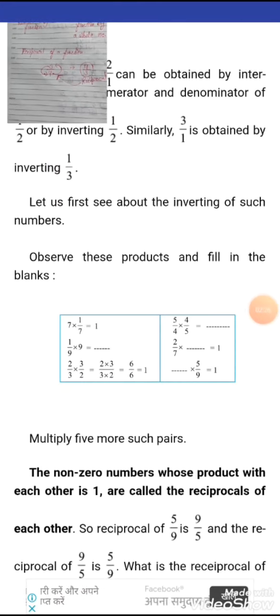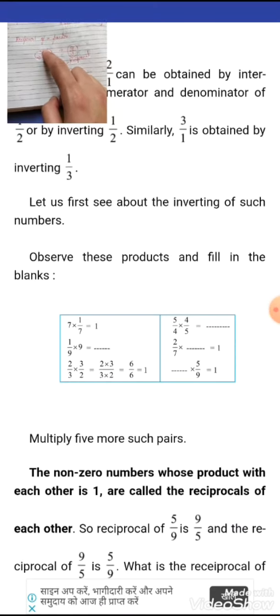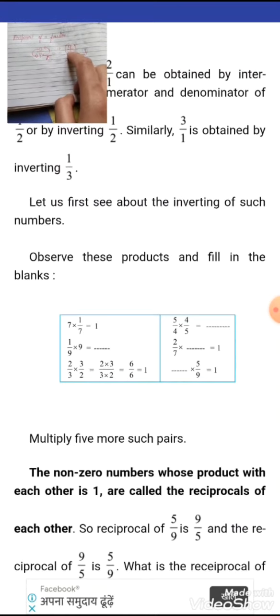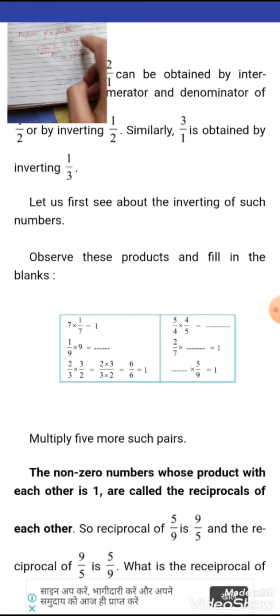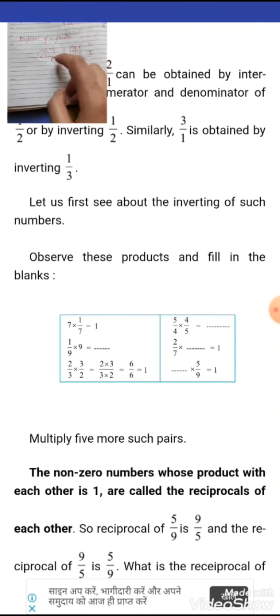In the first fraction, 3 is in the numerator, and in the second fraction 3 is in the denominator. Similarly, here 4 is in the denominator, and in the reciprocal 4 is in the numerator. So 4/3 is the reciprocal of 3/4.